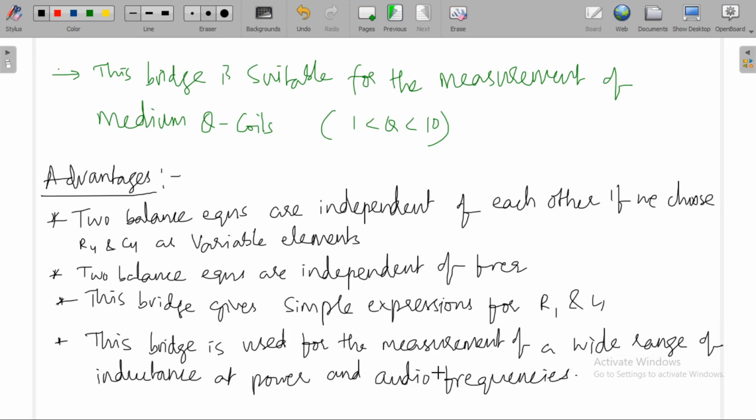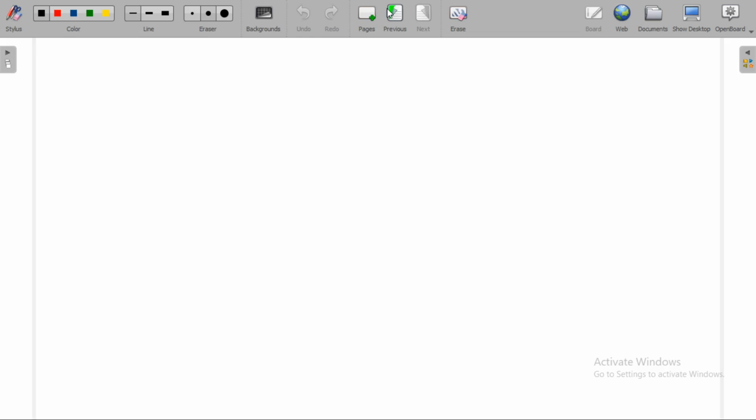This bridge is used for the measurement of a wide range of inductance. Coming to disadvantages.